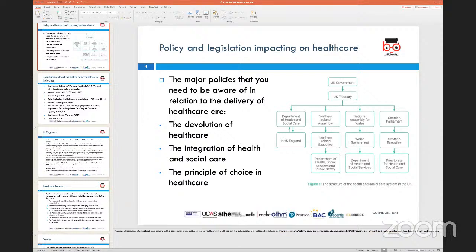Now, what you see on this slide is a way in which we see the Department of Health and Social Care structured as a setup within the government.